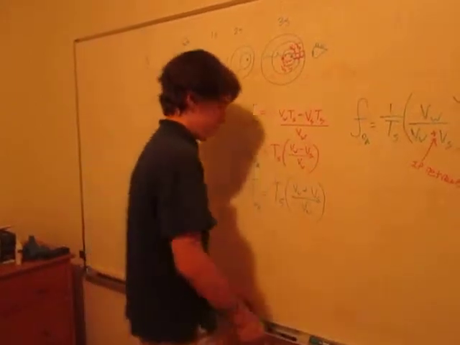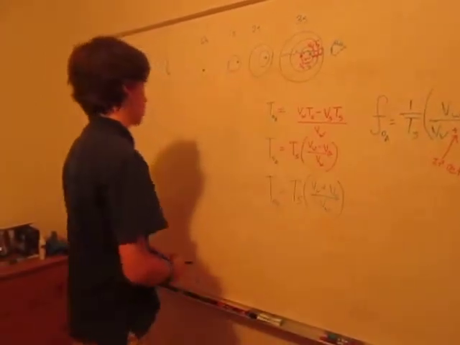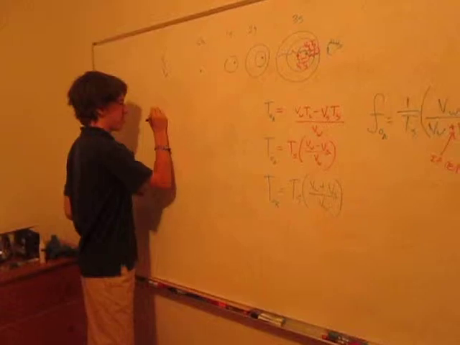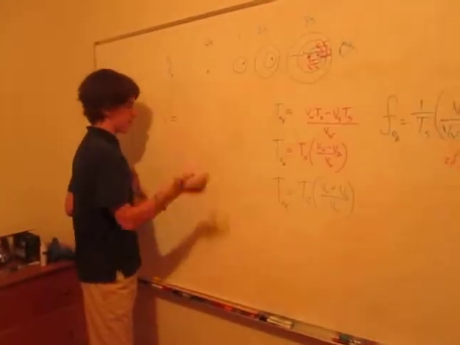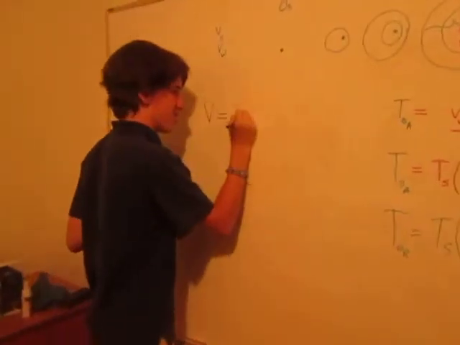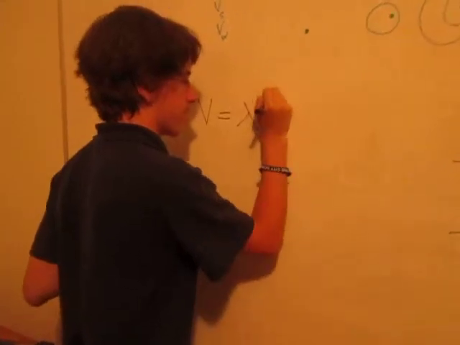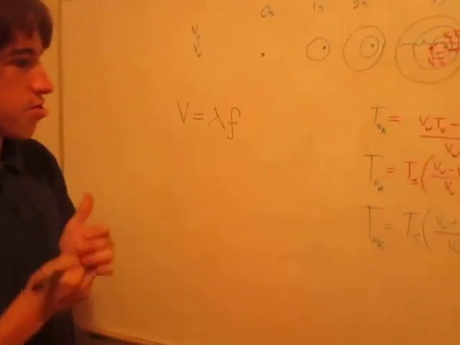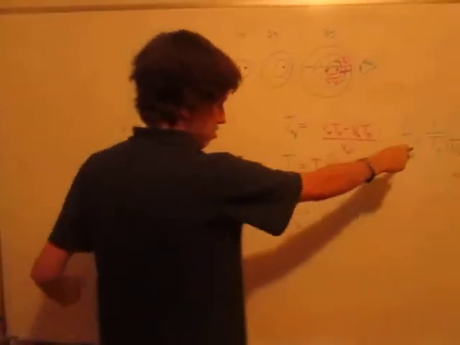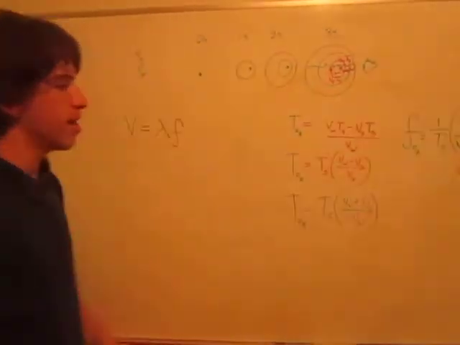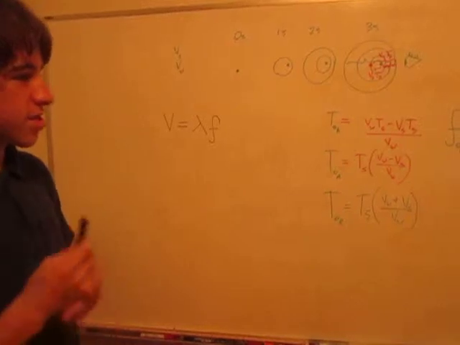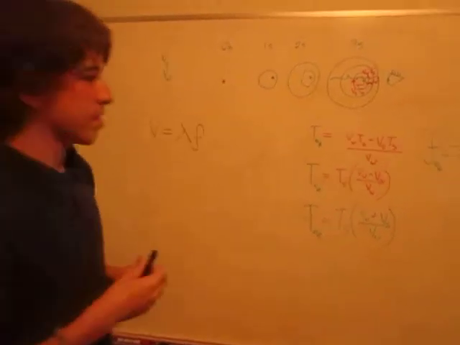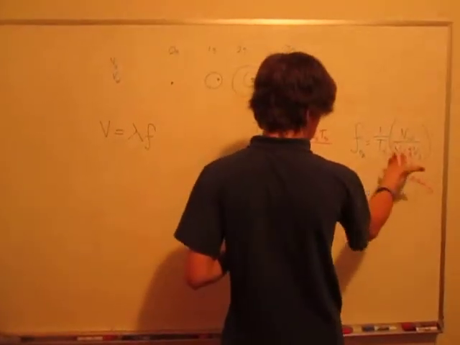Well, if you were paying attention, you would know the velocity is equal to the wavelength times the frequency. And we find our frequency from here. It is changing, because imagine, this is changing constantly as time goes by. So our frequency is changing all the time, getting smaller, right?